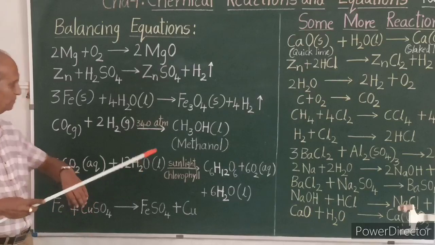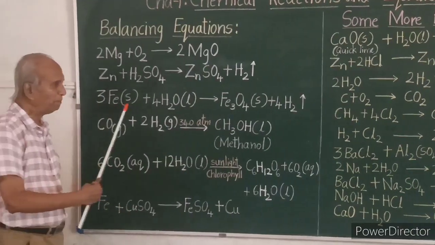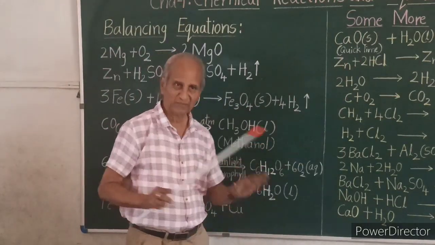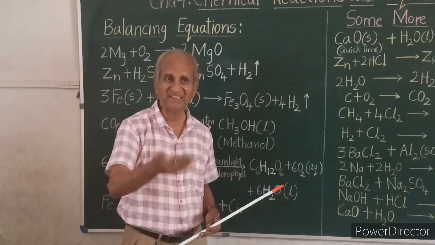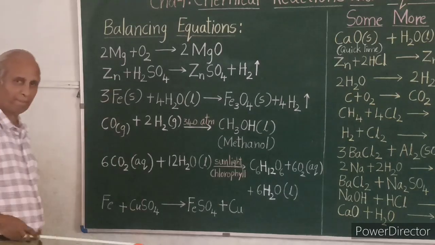Shall we move ahead? Yes, we have a complex equation here. Many of the equations here are very simple. I have taken them because we can discuss further with these equations. See here, Fe.